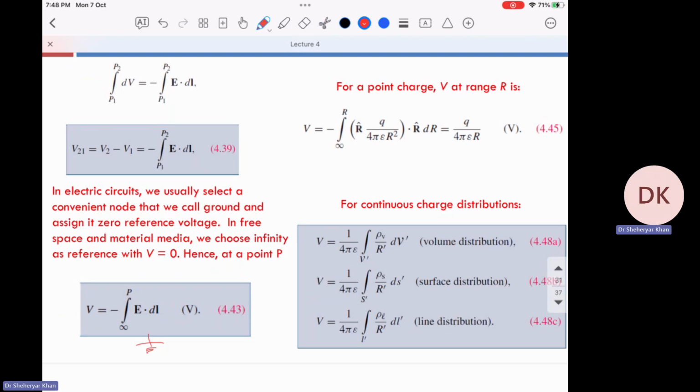It means that if you want to evaluate the potential of a point, you have to take the difference, because an integral has two limits, right? So you always have to use two points. If you want to evaluate the voltage of a single point, you might consider another point at infinity, that means out of the electric field.